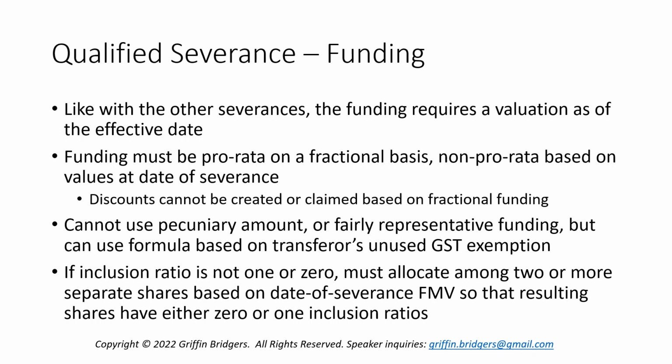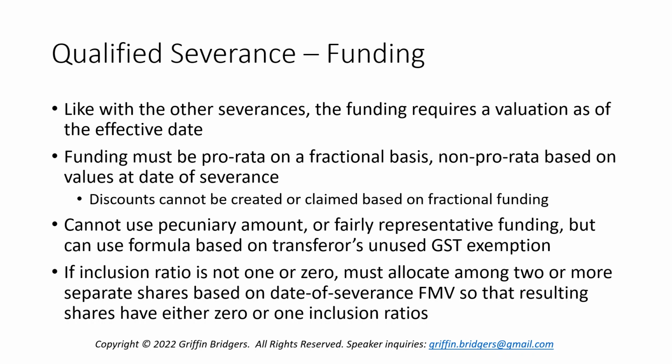But in using this value, you cannot claim discounts based on the fractional funding. Now, when we're using a qualified severance as opposed to a mandatory severance, you can't allocate or divide based on a pecuniary amount or based on fairly representative funding if you're using an older valuation date. However, you could use a formula based on a transferor's unused GST exemption.